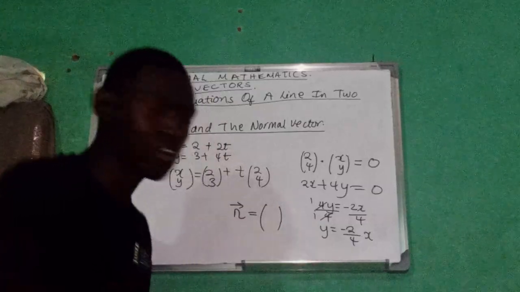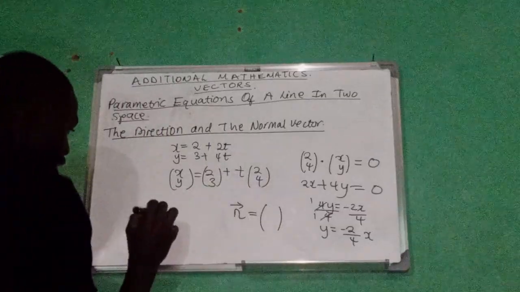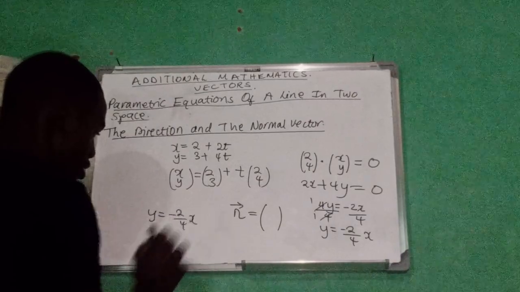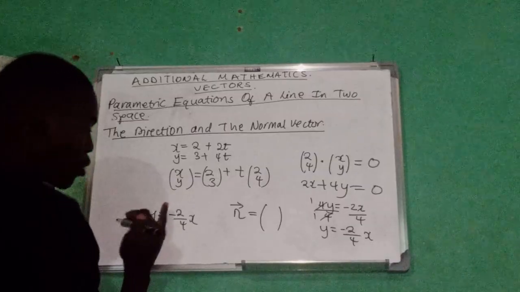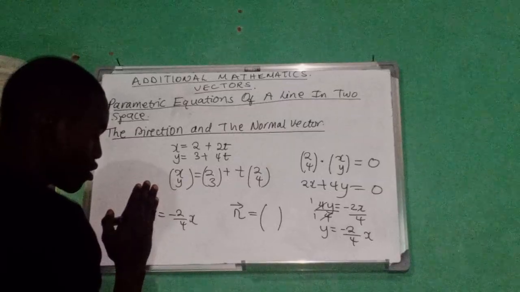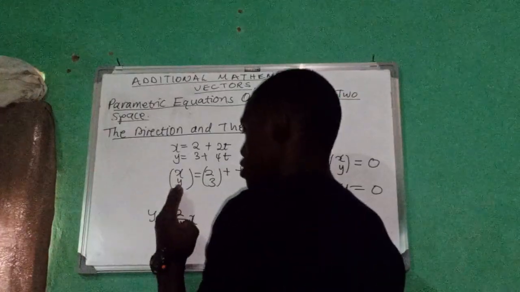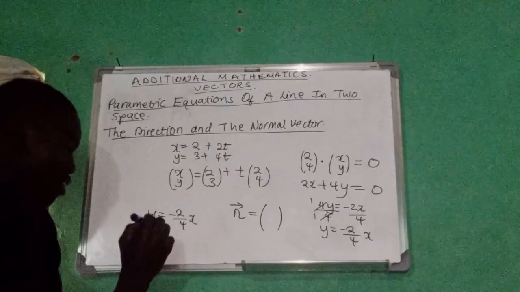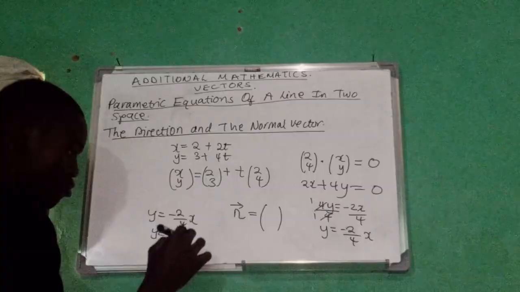Why did I do this? To find the normal vector, you swap. This equation is y is equal to negative 2 over 4 of x. We are looking at the right-hand side of the equation, not the left-hand side.